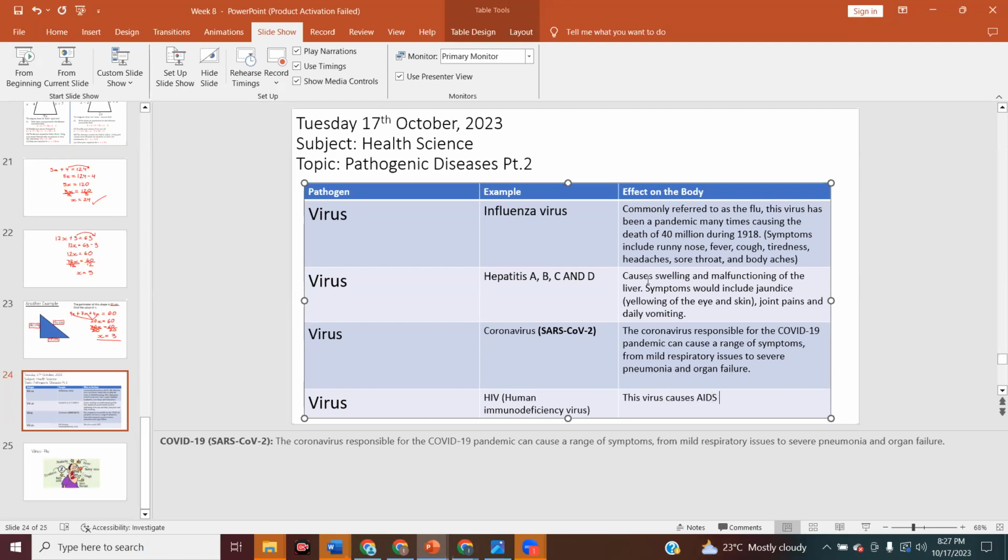Okay. And AIDS is an abbreviation for acquired immune deficiency syndrome. And it affects the immune system.